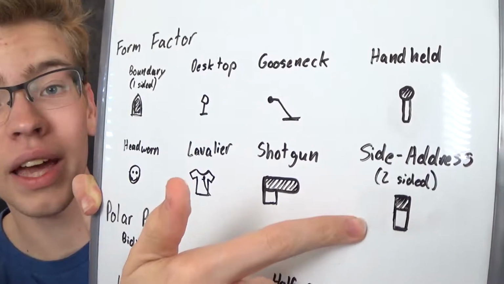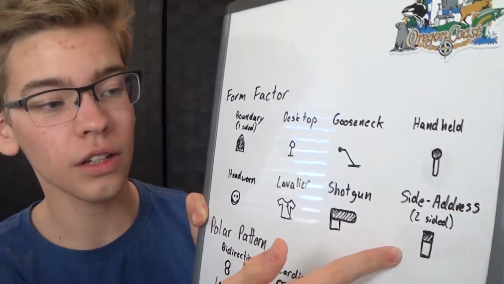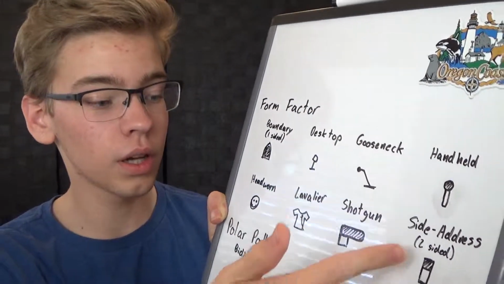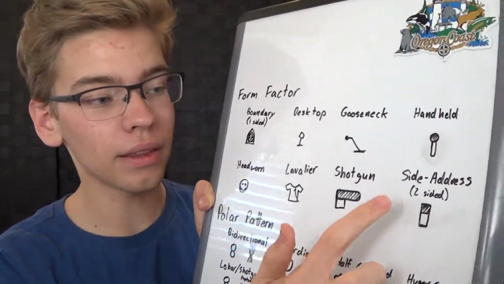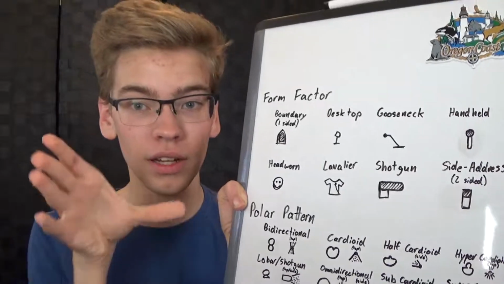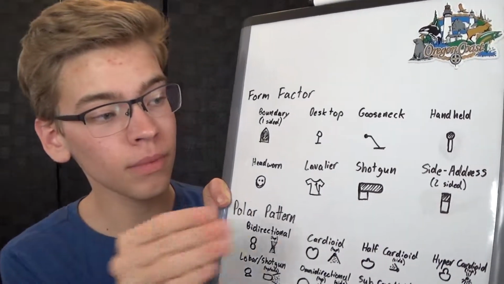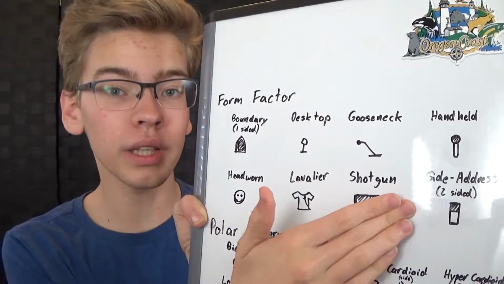We have side addressed, which this one actually has two sides, where these ones are all just one way, but this one can be directed from either side of it. And these are usually your typical mics for YouTube or podcasts or whatever.